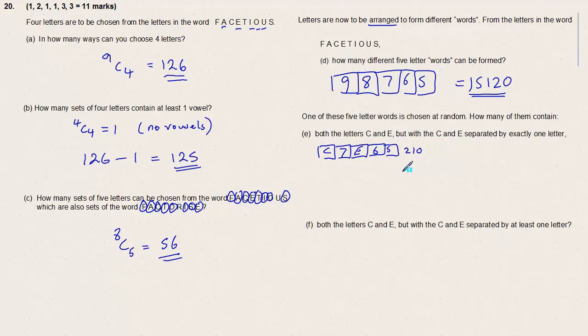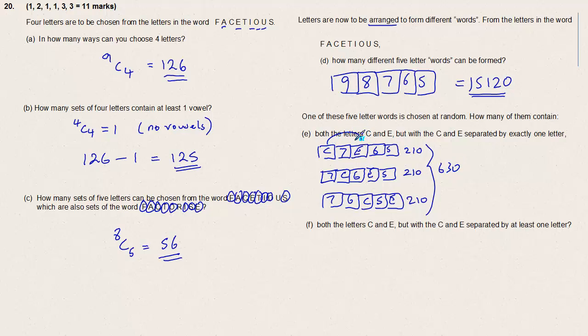So there's 210 ways there. Now what else could we have? We could have 7 choices here, then the C, then 6 choices, then the E, and then 5. So that's another 210. Or we could have 7 choices, then 6 choices, then the C, then 5 choices, then the E, which is 210. So altogether, those are 630.